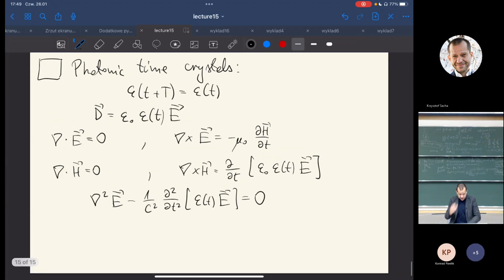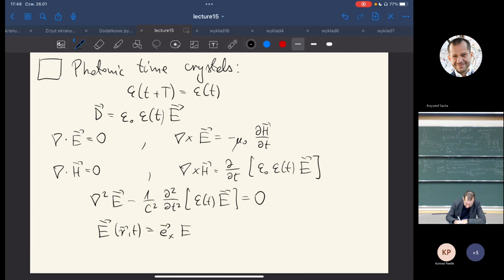And again, let us consider that the wave is propagating along Z direction and is polarized along X direction. So we are looking for the solution of this equation in the following form. This is a polarization.